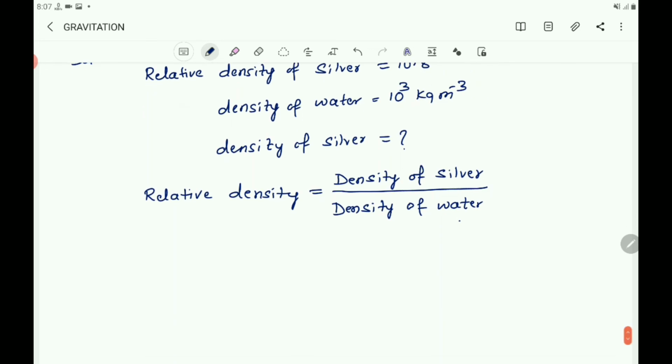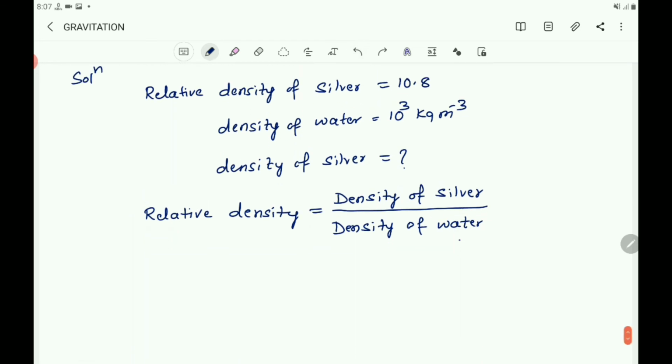Relative density of silver is given, that is 10.8 equals, what is the density of silver that you have to get here? There is a question mark for density of silver. So you write that as it is. Density of silver by density of water is given, that is 10 power 3 kg m power minus 3.